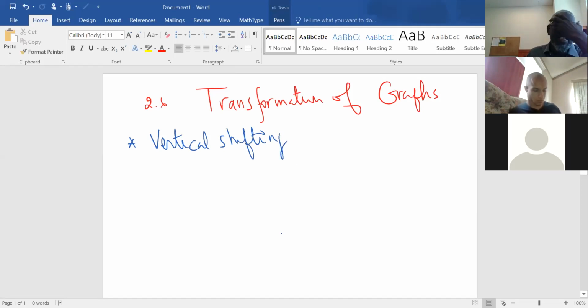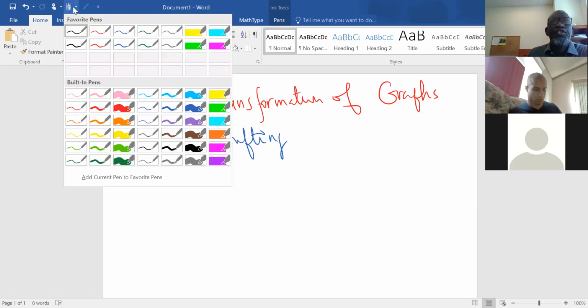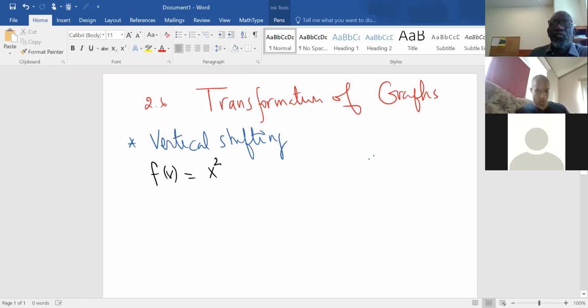Okay, so let's start with an example of two functions. I have f of x equals x squared, and g of x equals x squared plus 1.